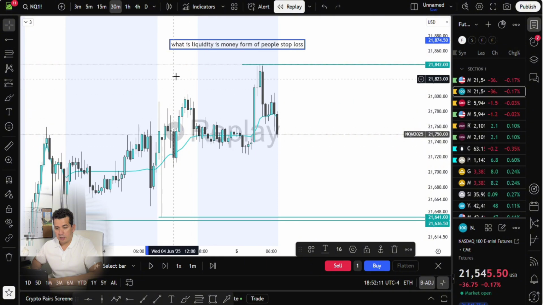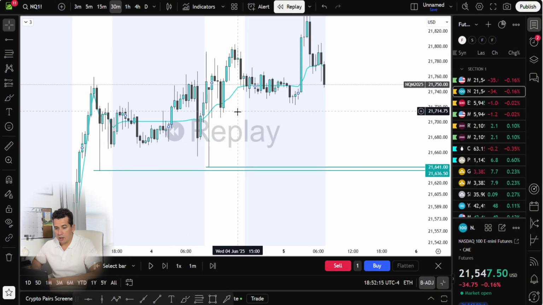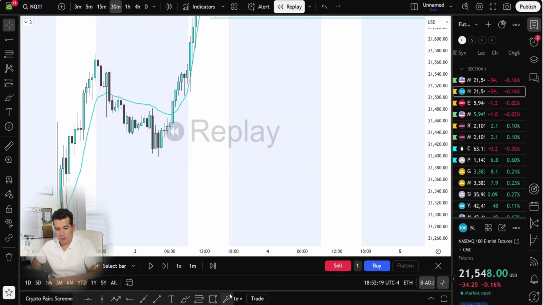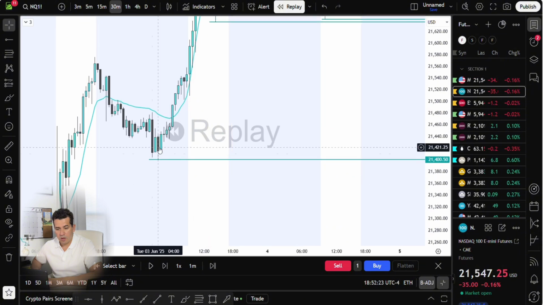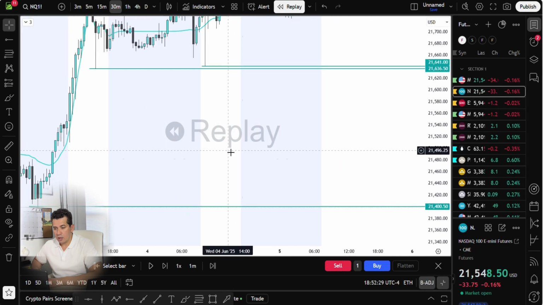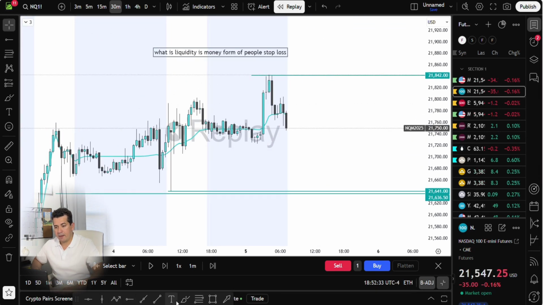So this is liquidity. We marked down three. We're going to mark another one down here. Let's go lower, and then we're going to find another one here. You can see this point right here after this weak liquidity, and then price just went up. Let's write it down so we know this area.